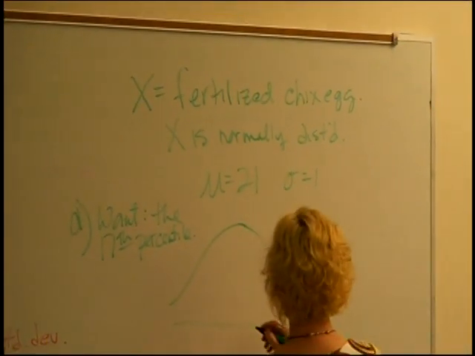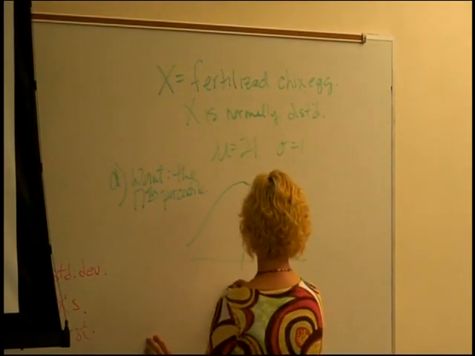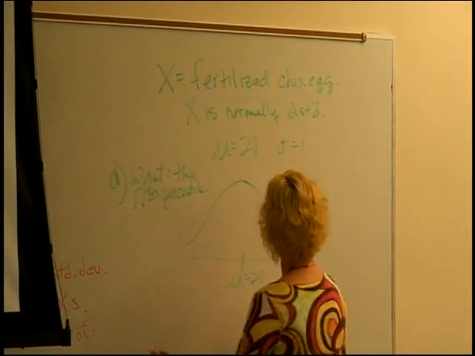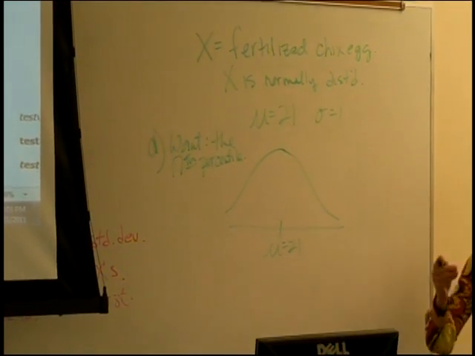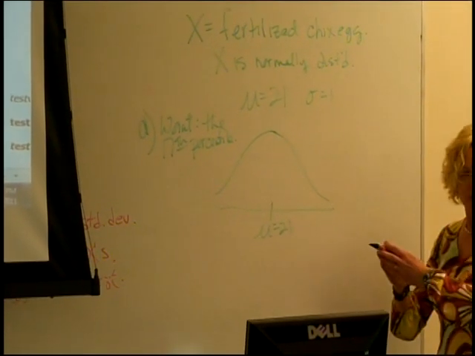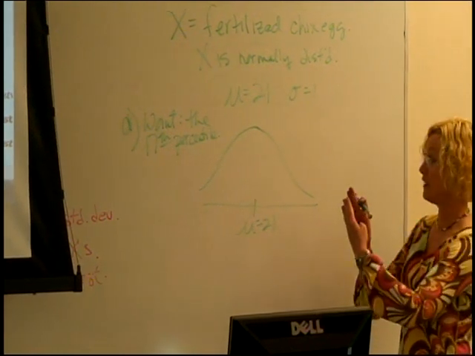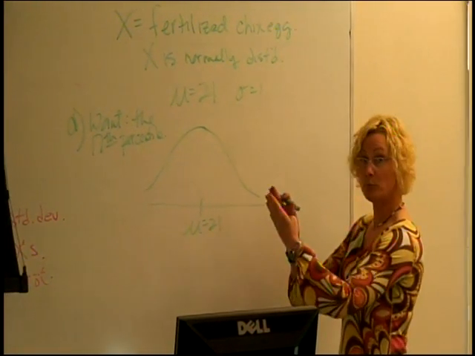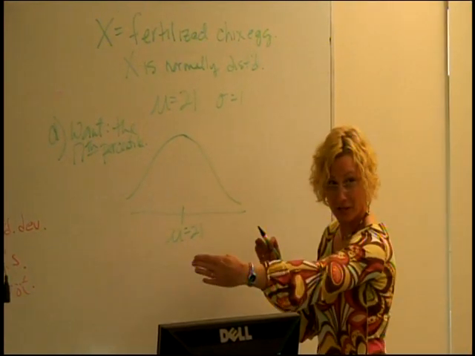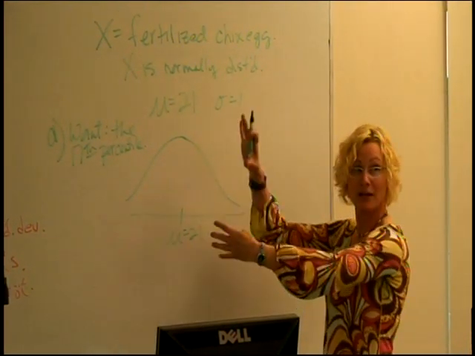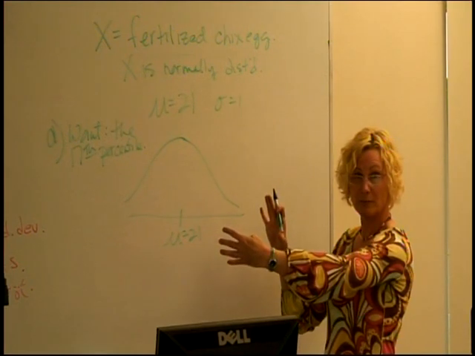So here's our mean of 21 days. We want the x value that determines the number of days when 17% of the eggs hatch less than that time, 83% hatch more than that time.